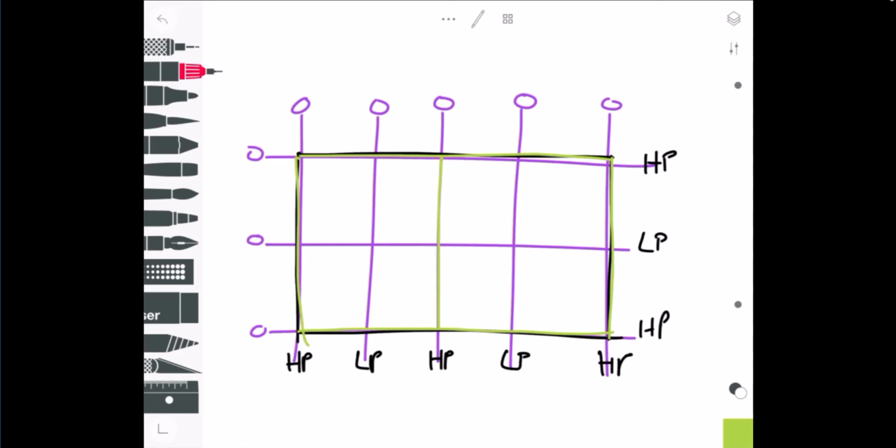Now remember our beams run one direction. So let's just assume the beams are going this way in this building. Here on the interior, they run one direction. So there's beams here, beams here, beams here, here, and here. And the joists are going the other direction.